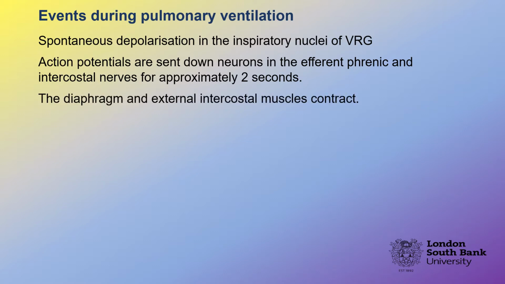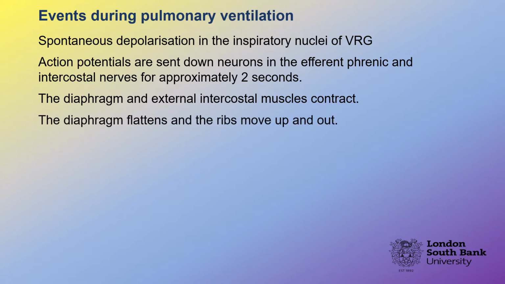As a result of this, remember skeletal muscle excitation and contraction, the diaphragm and the external intercostal muscles contract. The diaphragm, because it's normally dome-shaped, as soon as it gets smaller, it flattens out. Also, the ribs move up and out. And you can imagine what this is going to do. This is going to increase the volume of the thoracic cavity.